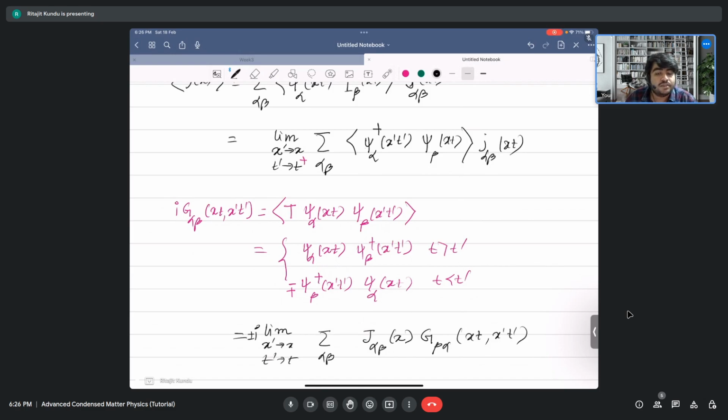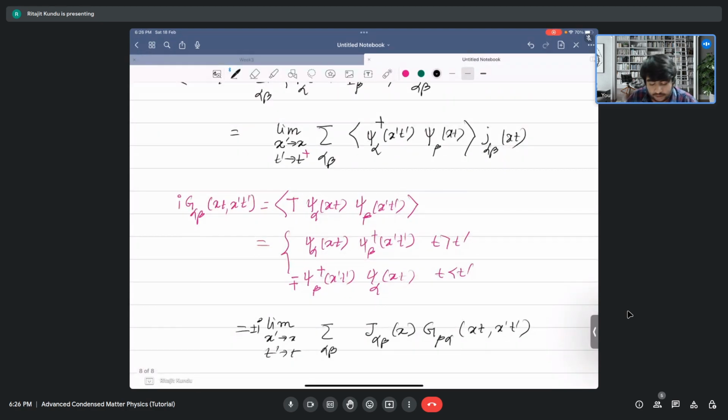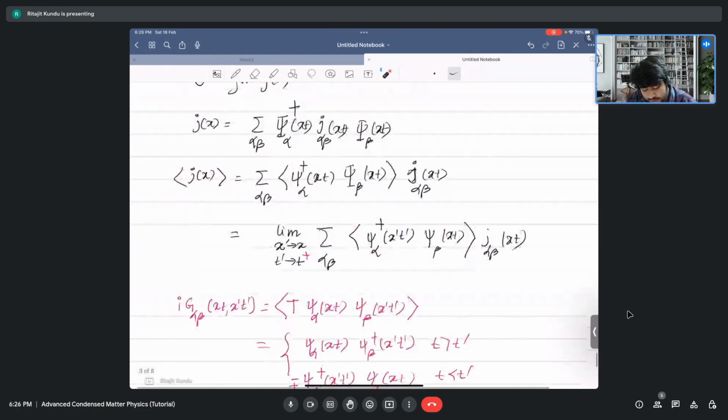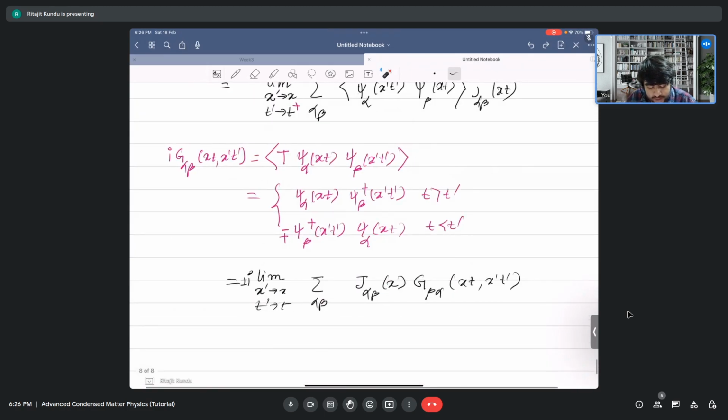Okay, so this is the expression in terms of the Green's function. As soon as I introduce another coordinate which is the same as x and t, then instead of this expectation value I can write a Green's function. You can see that this is basically a trace, right?